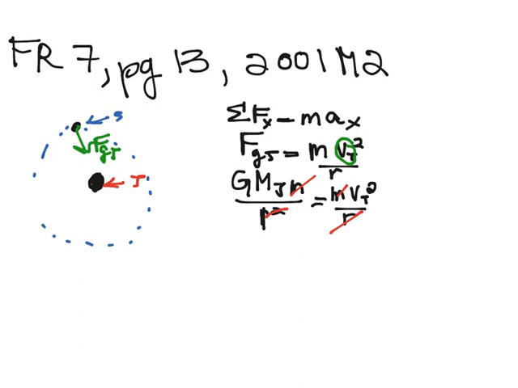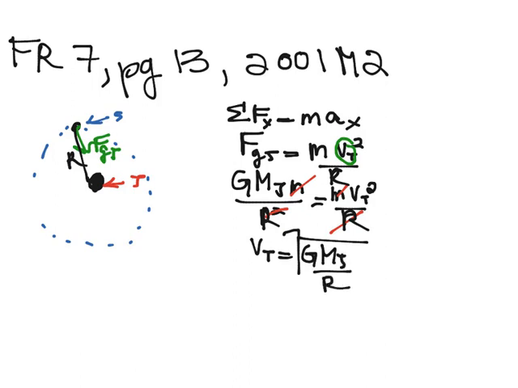Remember they told us actually that it should be capital R. That's our orbital radius. So I'm going to replace the little r's with a capital R. And when I take a square root, I get v_T is equal to the square root of G m_J divided by R, which is actually what they asked us to prove. So that was part I.